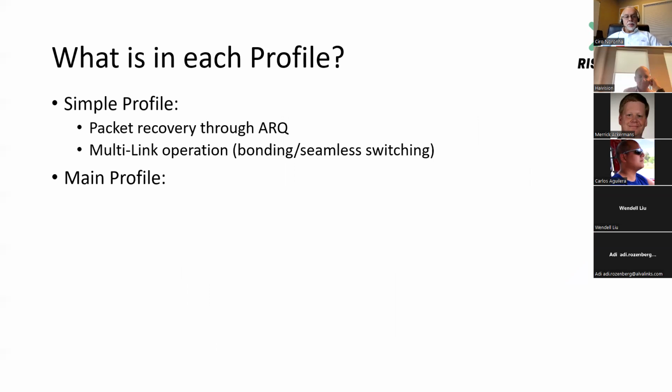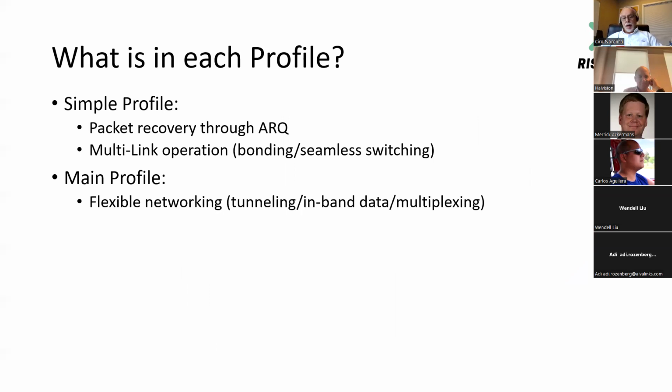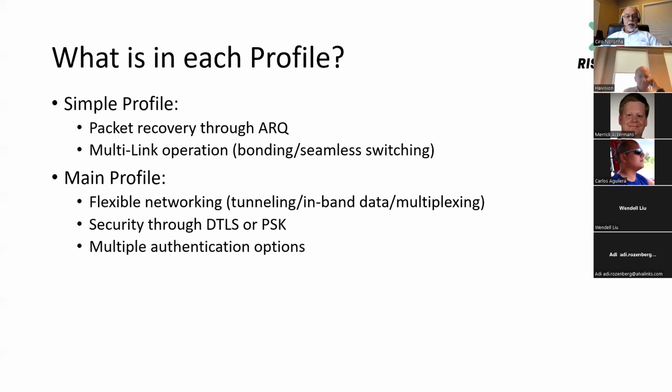Main Profile gives you flexible networking with tunneling and in-band data multiplexing, and gives you the important part, security. There are two security modes. One uses standard DTLS, which is certificate-based, or PSK. And there are multiple authentication options, including a brand new PSK authentication. So that's Simple and Main Profile.